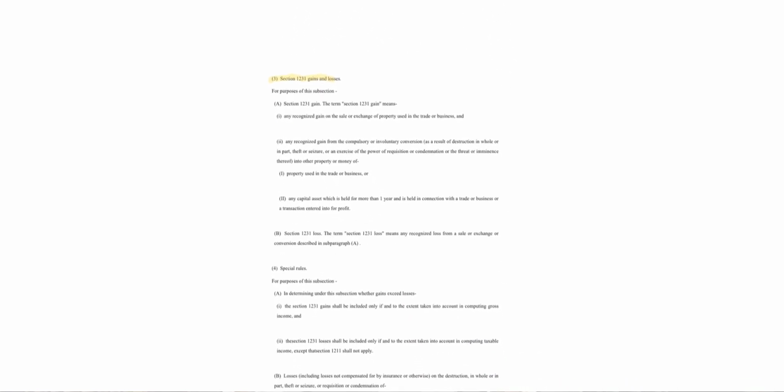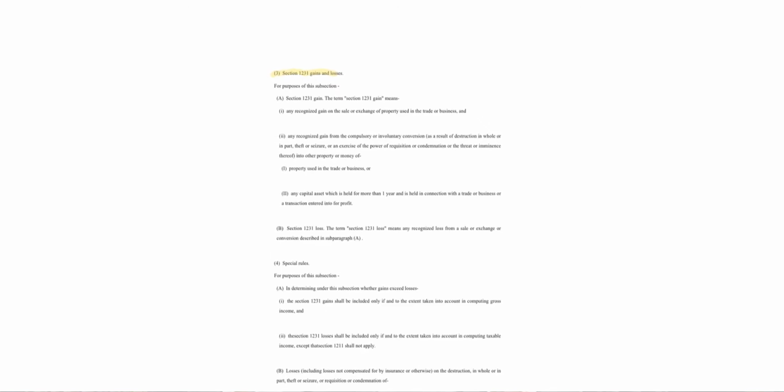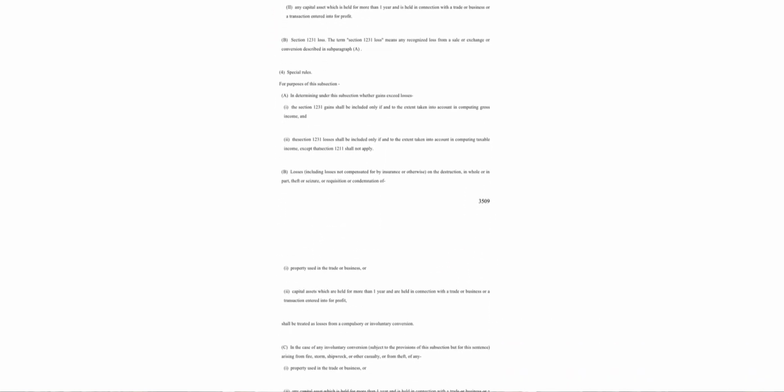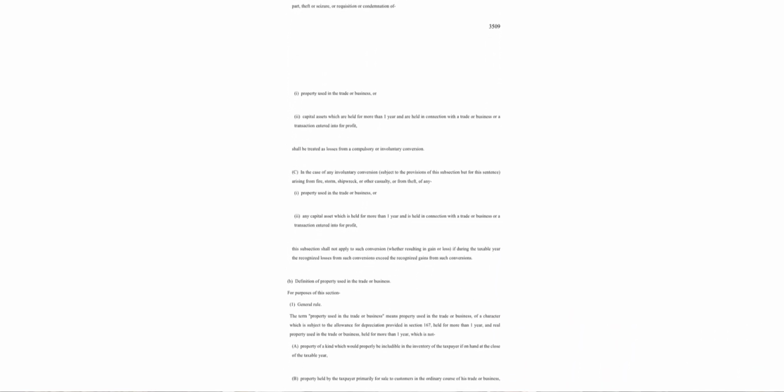Let's see if we can find anything about the type of property. It says property used in trade or business. Let's see if there's anything listed yet for real versus personal. Nothing yet. Let's continue looking.